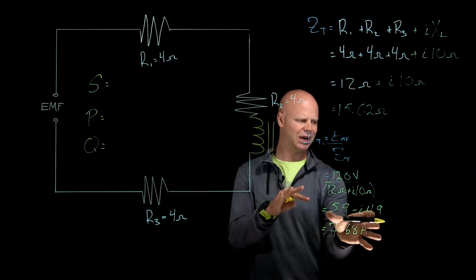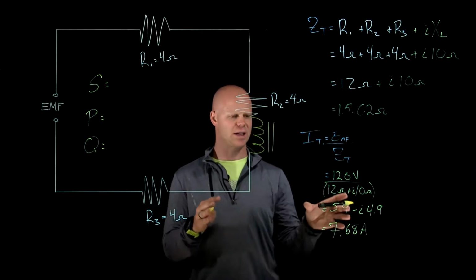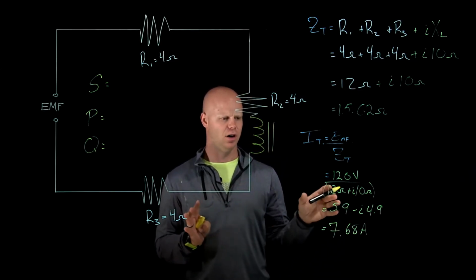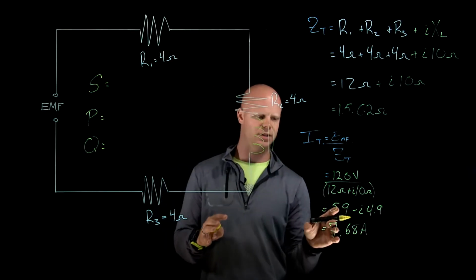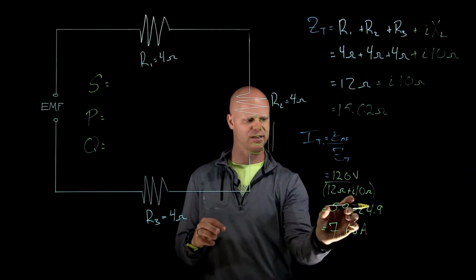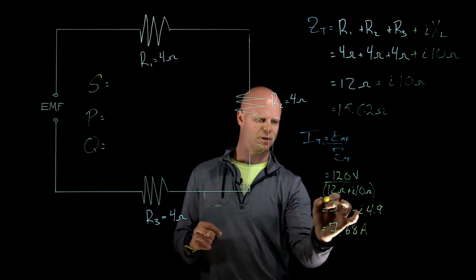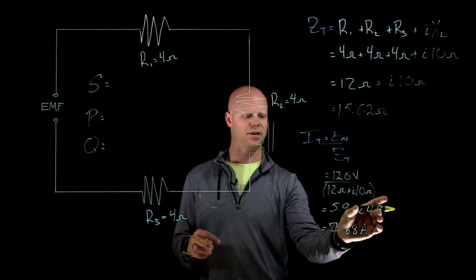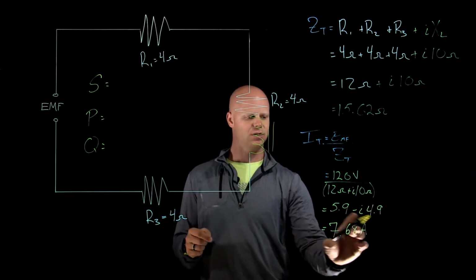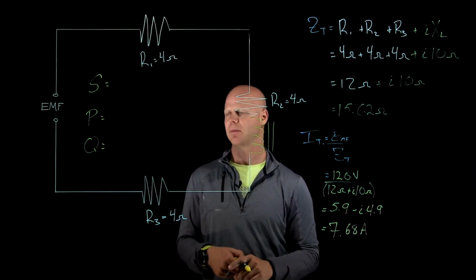The beautiful thing about rectangular form is that I have all of the values necessary already calculated within this circuit. I have a horizontal or an active value of current, which is my 5.9. I have my imaginary or my reactive value of current, and I have my total circuit current that I would measure with my ammeter.